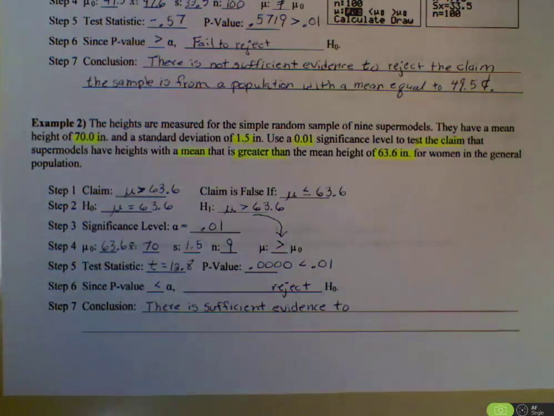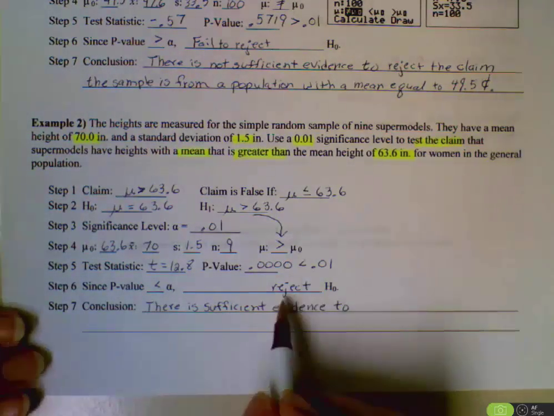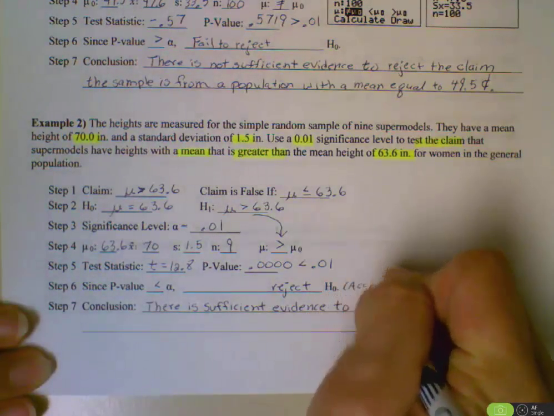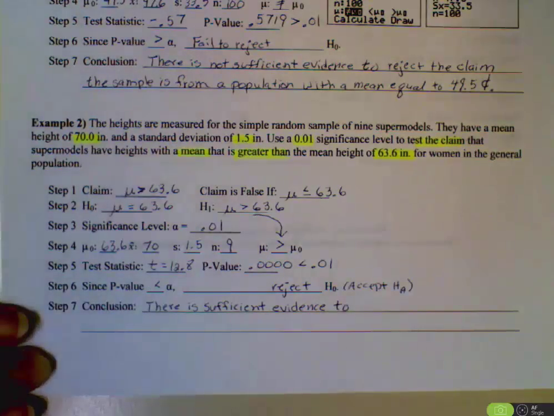We just need to know whether there is sufficient evidence to support the claim or sufficient evidence to reject the claim. We rejected the null hypothesis. That means we're accepting that the alternate hypothesis is true.